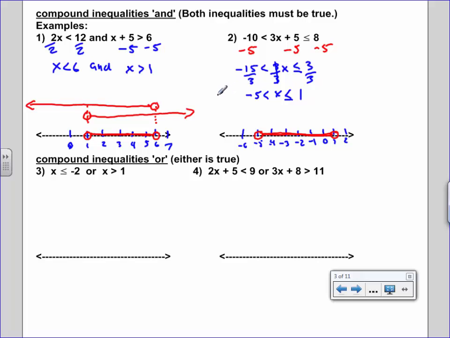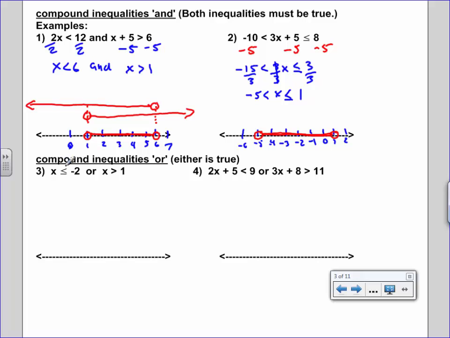Okay, those are and problems where both must be true, so we look at the overlapping areas to see when both inequalities are true. And this is actually a little bit easier in that they write it as essentially one large inequality. Now we're going to go to the or problems.